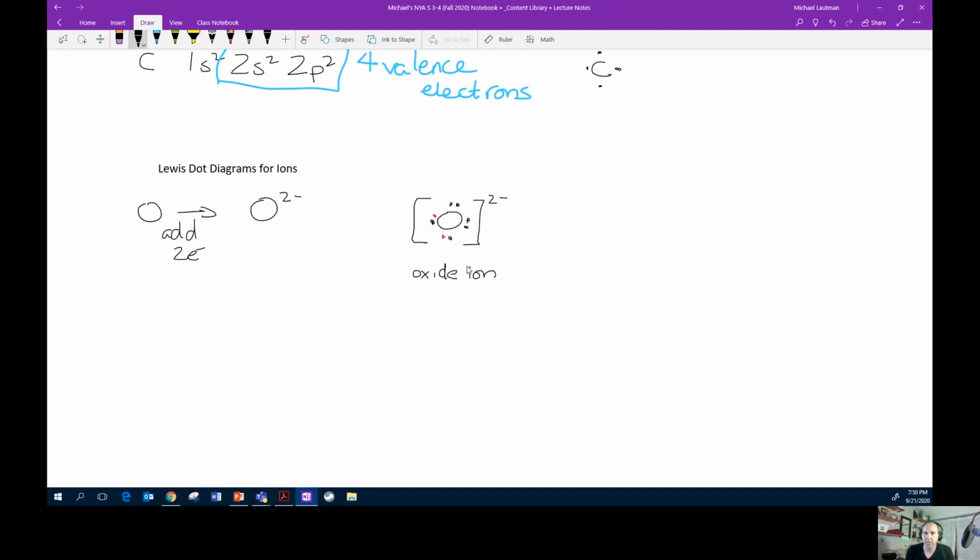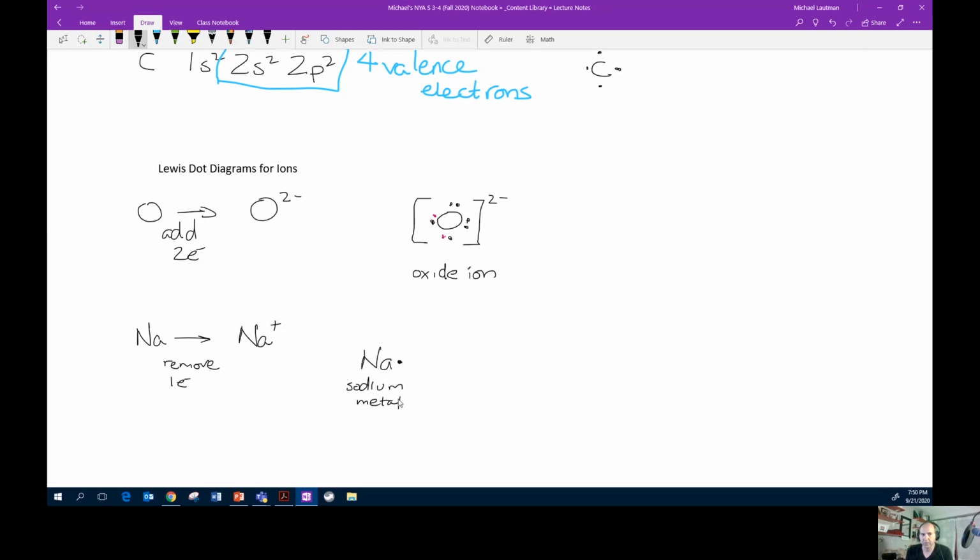For cations, it's even easier. We took, say, sodium metal, which becomes sodium ion, and we remove 1 electron. That's it. So sodium metal looks like this. Sodium is a group 1 metal, so it has 1 valence electron. So how do I draw sodium ion?